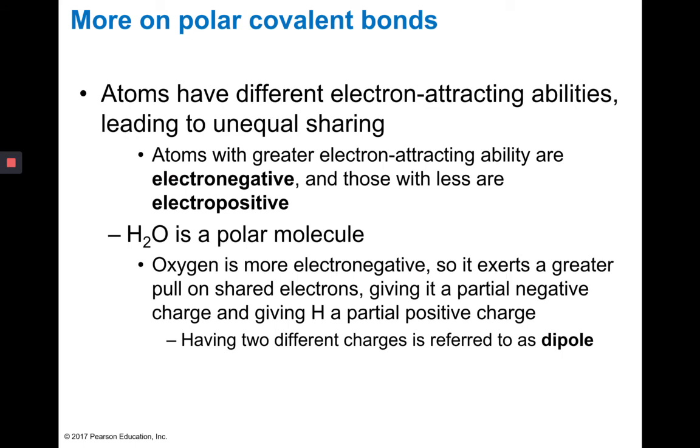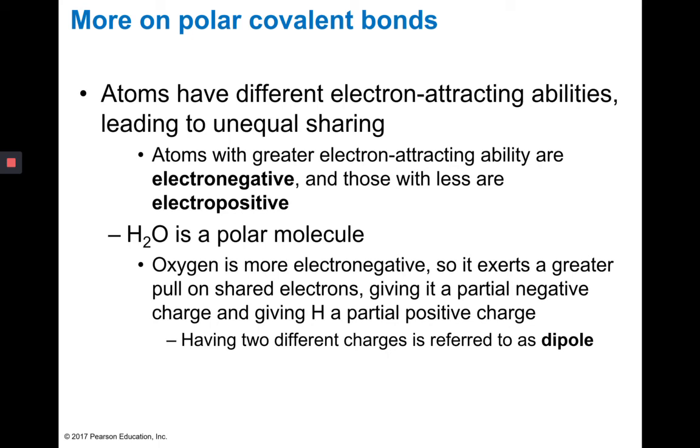So all those atoms that we were looking at have different electron attracting abilities, and if it leads to the unequal sharing that we saw with water and the formation of a polar covalent bond, then those two poles we would call electronegative or electropositive. This is commonly seen and demonstrated with water. So H2O is definitely a polar molecule.